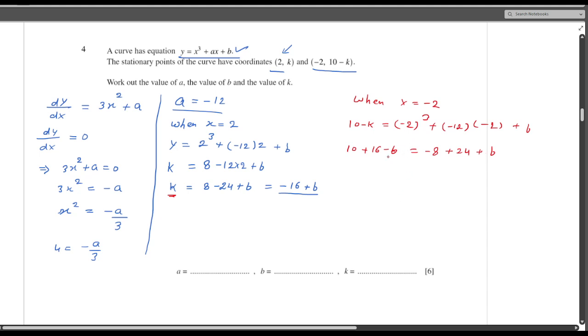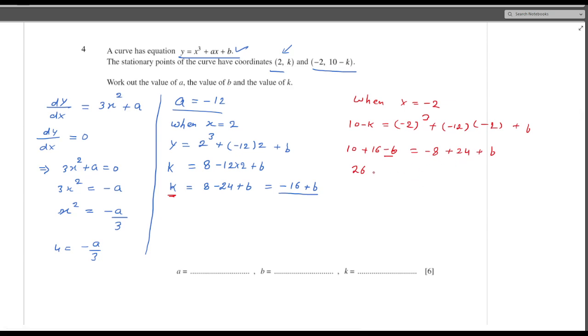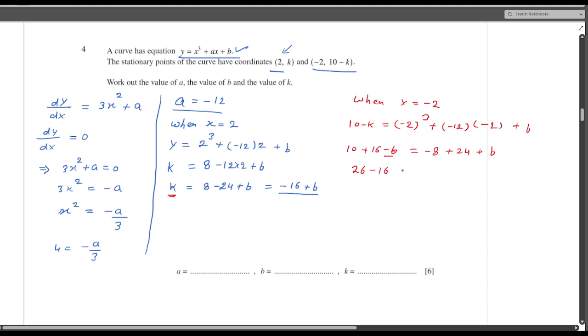So this minus b I will move to the right and all these numbers to the left. So 10 plus 16 is 26, and the 16 I will bring to the left, so it is minus 16 and equal to 2b. So 26 minus 16 is 10, 10 is equal to 2b. So the value of b we get is 5.